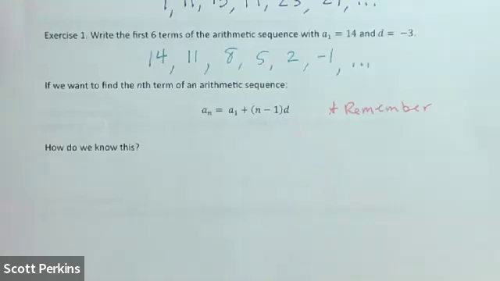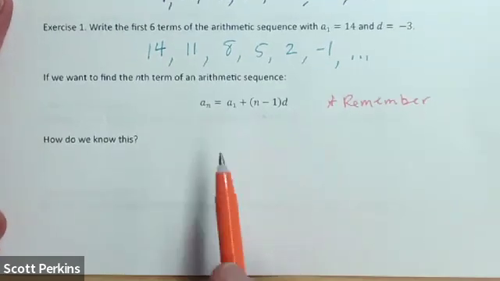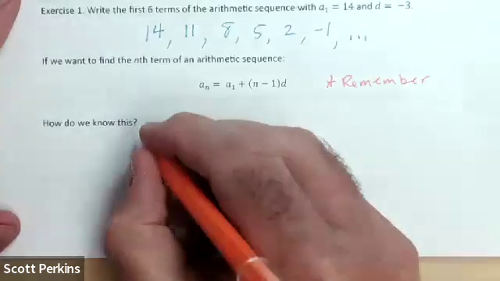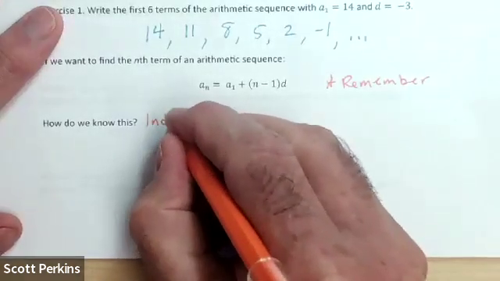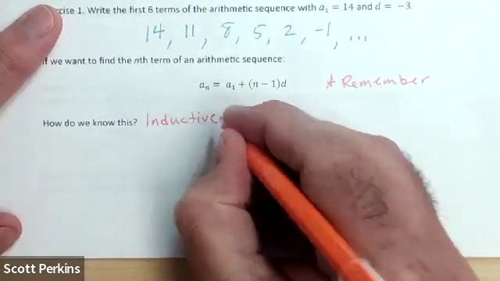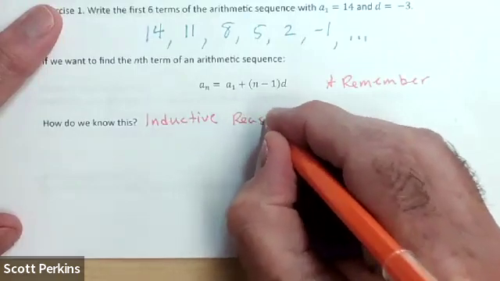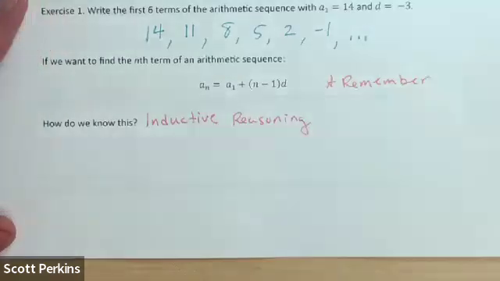We're going to do this in just a minute, but I think the interesting part of this is, how do we know this? Where in the world does this come from? Well, we're bringing back something we've done a couple times in this semester. We're going to use some inductive reasoning. We're going to find the pattern and just extend the pattern.